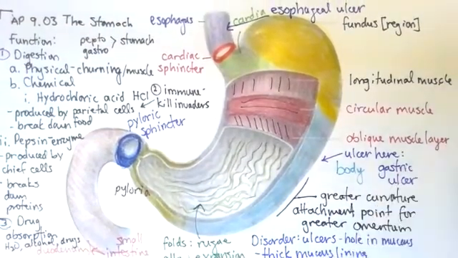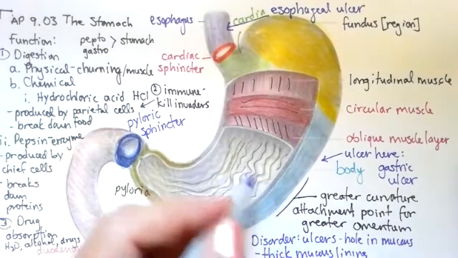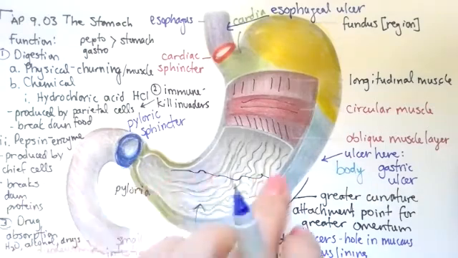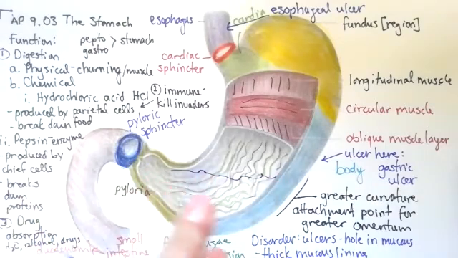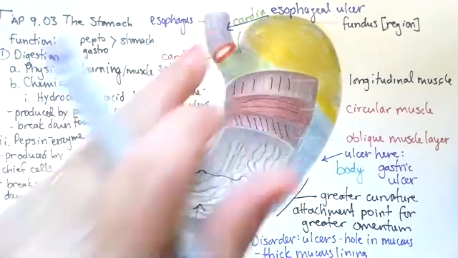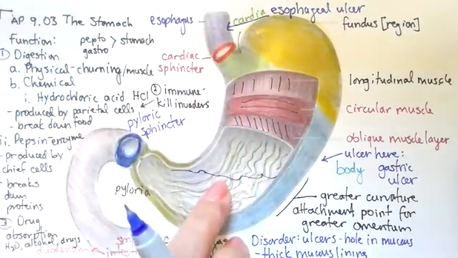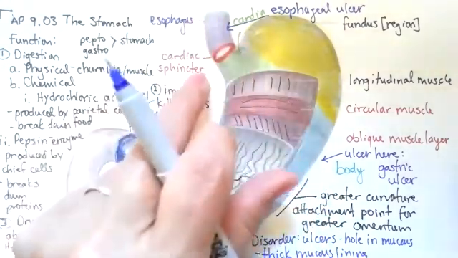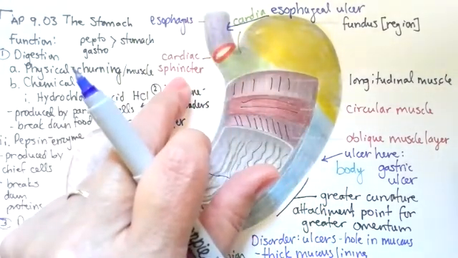Your juices sit down here in the bottom part of your stomach. It's easy to see how you could get an ulcer here, but how do you get an ulcer way up there? Sometimes your stomach acids get up into the esophagus because the cardiac sphincter has weakened.